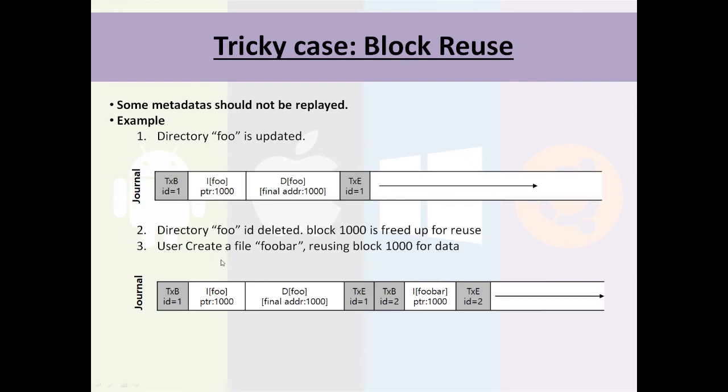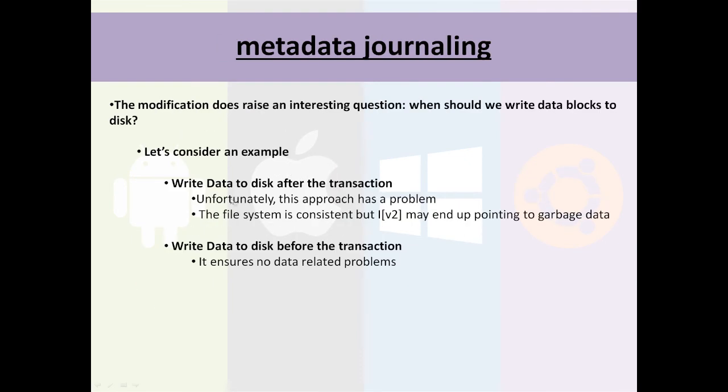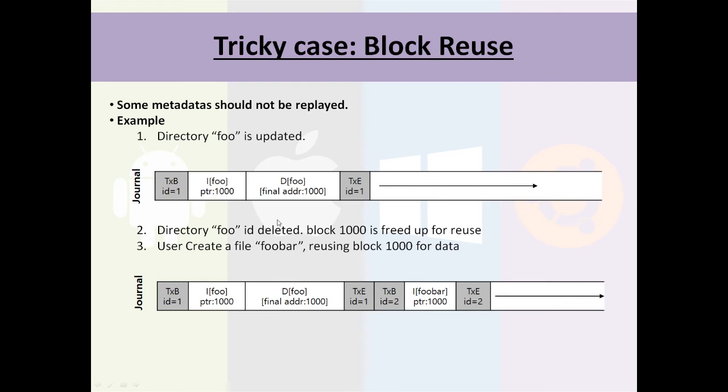Okay, so let's look at a case which demonstrates the issues here, as well as an additional issue, and that being that some metadata transactions should not be replayed. So some transactions shouldn't actually be replayed. An example of that is, directory foo is updated. So here we can see we're updating the directory foo, okay?